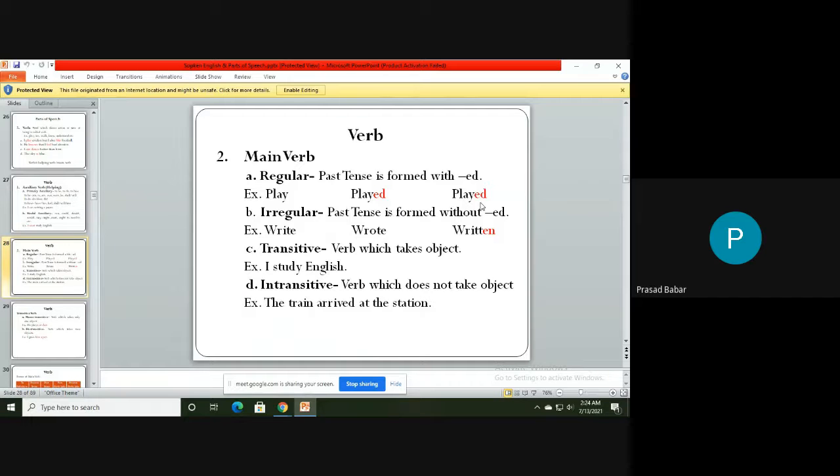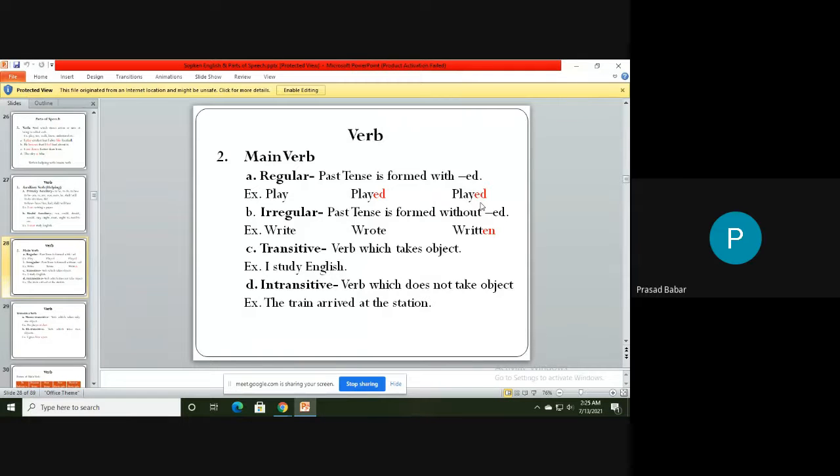And the next type is irregular verbs. In this type, the past tense is formed without ed. We can't add ed to the past tense in irregular verbs, because there is irregularity and the form changes according to the verb, and that is why they are called irregular verbs.